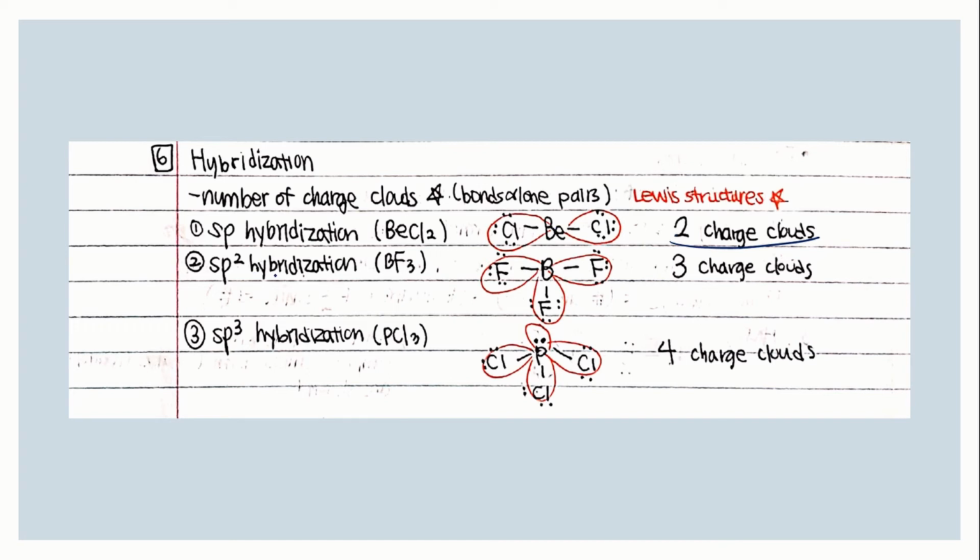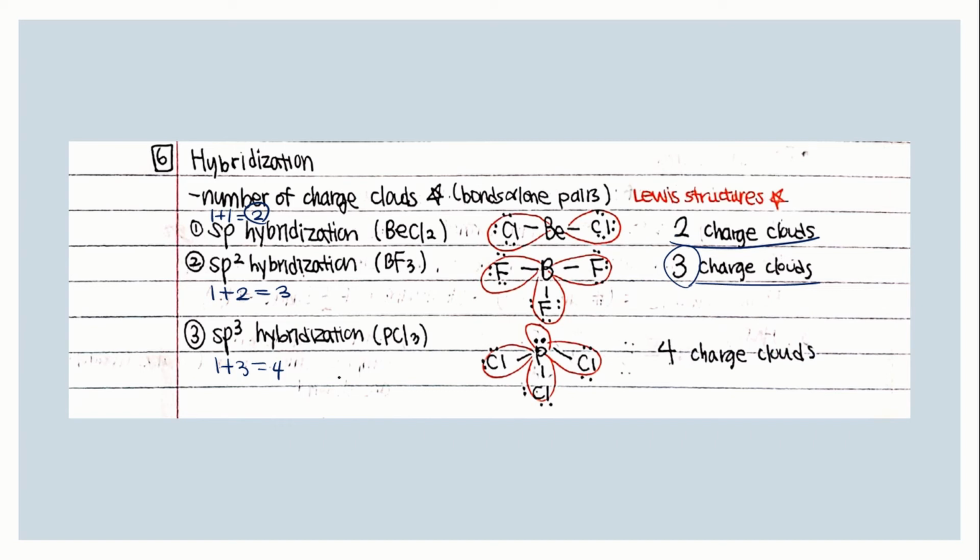sp2 hybridization is 3 charge clouds, but you can simply think of sp as just 1 s and 1 p, so 2 charge clouds. For sp2, you have 1 s and 2 p's, so you have 3 charge clouds. And for sp3, you have 1 s and 3 p's, so it will be 4 charge clouds.